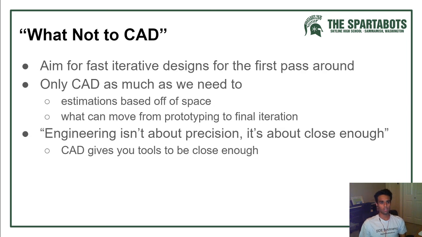Things not to CAD. For the first pass, you want to aim for fast iterative design. So you want to get your first designs out as fast as possible. You want your first robot to be done by week 4. Only CAD as much as you need.